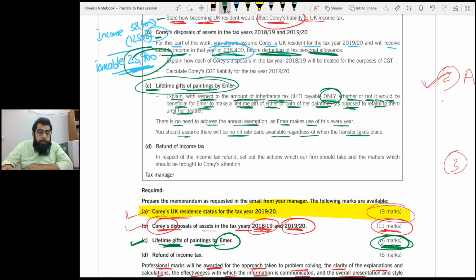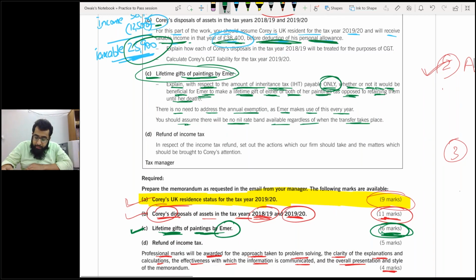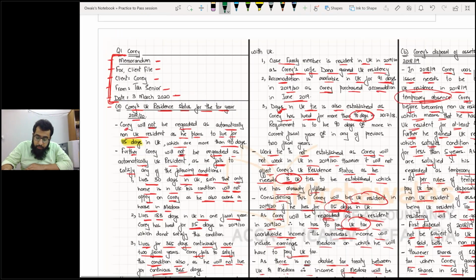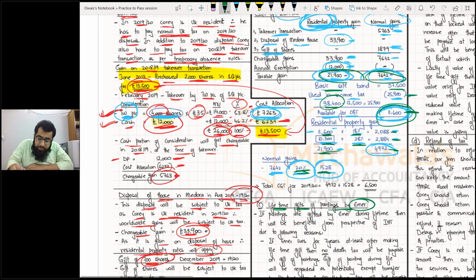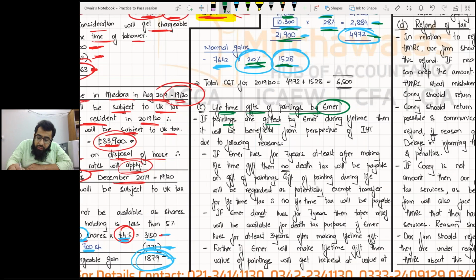Let's go and read it. Part C. If paintings are gifted by Emma during lifetime, then it will be beneficial from the perspective of IHT due to the following reasons. Number one, if Emma lives for at least 7 years after making the lifetime gift, then no death tax will be payable on the gift of paintings.